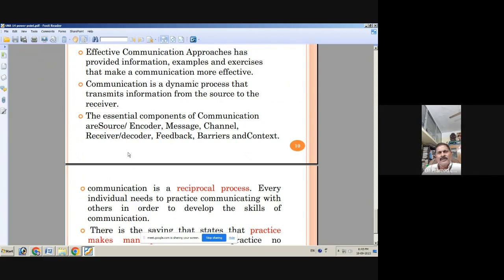And the decoder or receiver will give you the feedback. But while providing feedback, you will have to face different barriers. Automatically, you will have to avoid the barriers. Then the communication will be more effective.